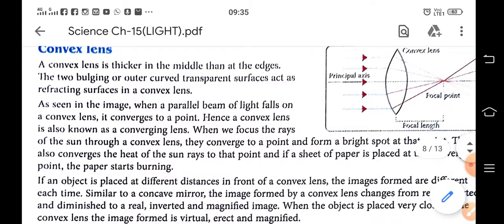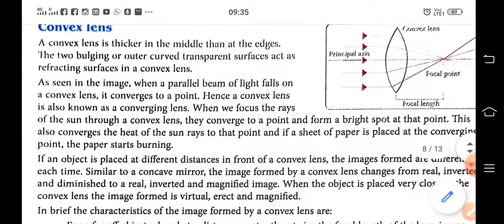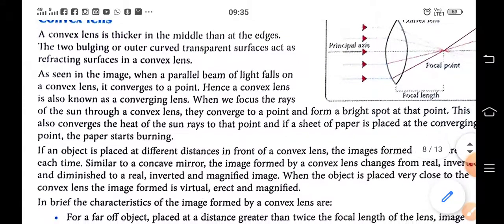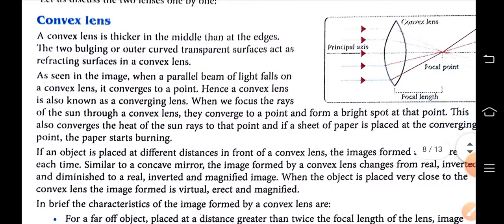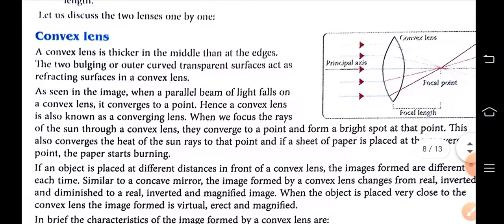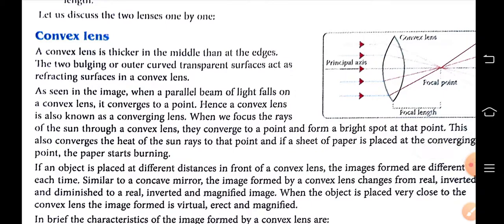When a parallel beam of light falls on a convex lens, it converges to a point. Look here, the rays are falling on it and then they meet at a point. Hence it is known as converging lens.